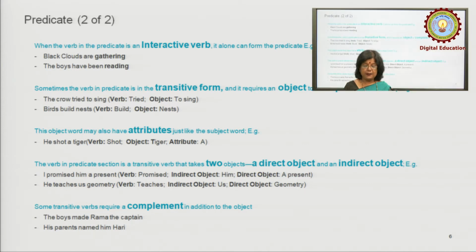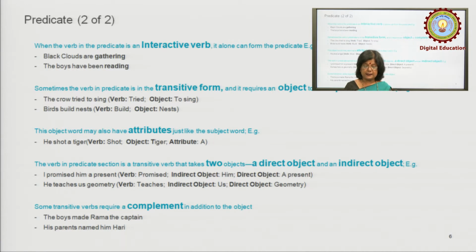Second example: Birds build nests. Here the verb will be build and object will be nests. This object word may also have attributes just like the subject word. Example: He shot a tiger.